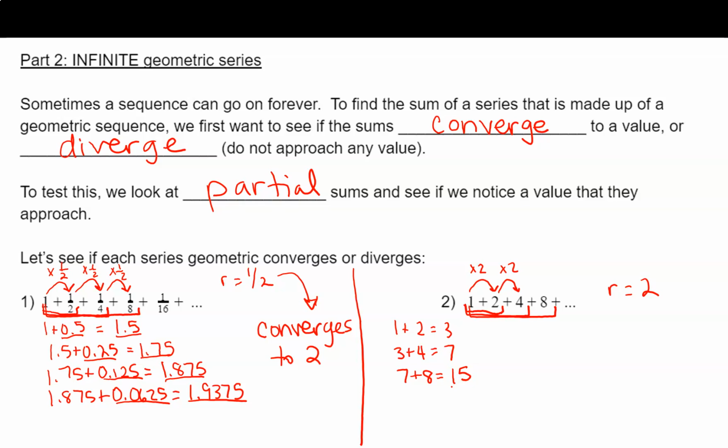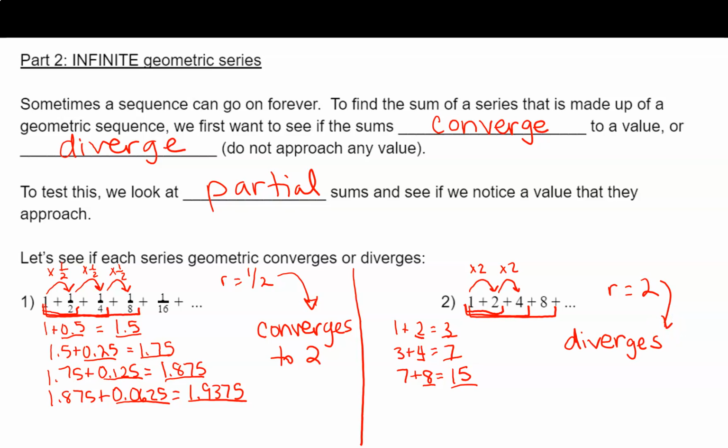And if we look here, unlike what we saw before, the value that we keep adding to the previous partial sum is getting larger. So the sums are getting larger, and because they're getting larger and it doesn't look like they're approaching one single value, we're going to say this series diverges. And that happened when r was equal to 2.